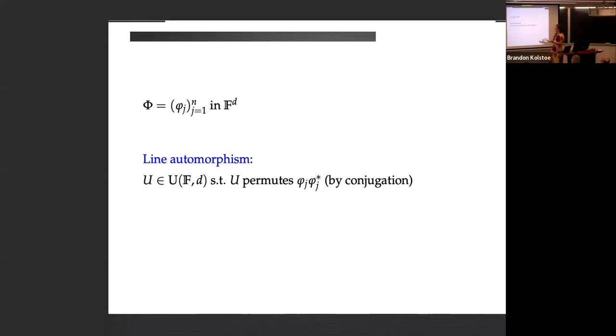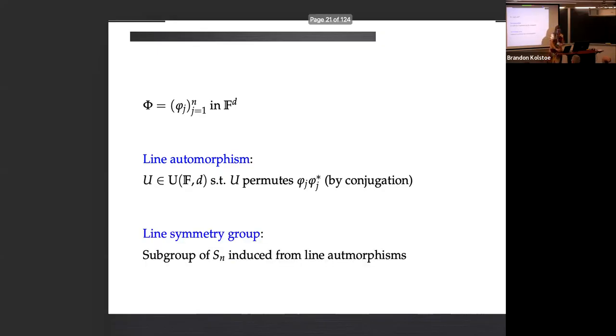And that's what I call a line automorphism. For each line automorphism, there's some sort of induced permutation of the set 1 to n, just like where is phi j sent to, and that induces that permutation. So we're going to call that subgroup of permutations the line symmetry group.